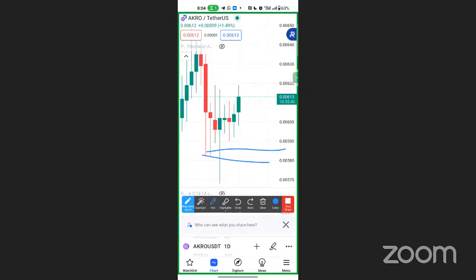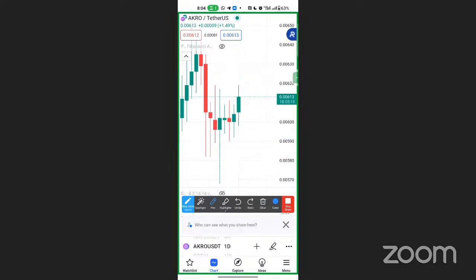it is an average. If it is 1 hour, 4 hour, 15 minutes, the pivot point you see at 15 minutes, the pivot point you see at 1 hour is an average of yesterday's high, yesterday's low, and yesterday's close.